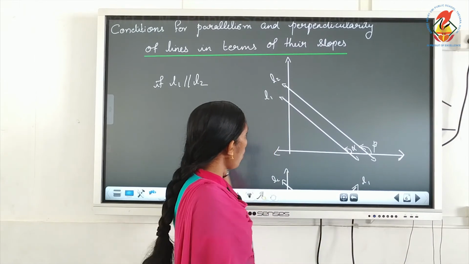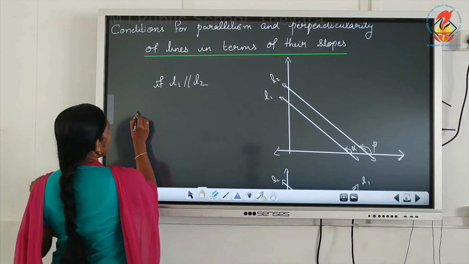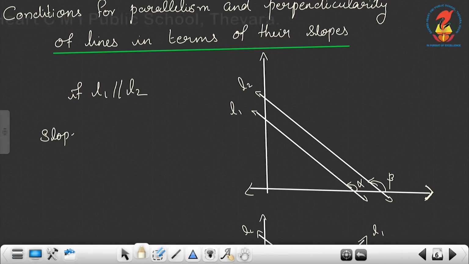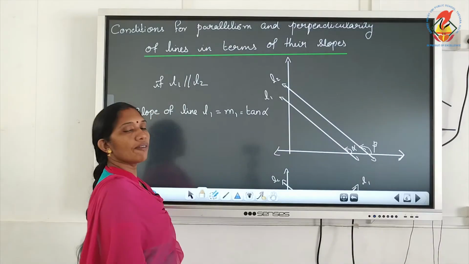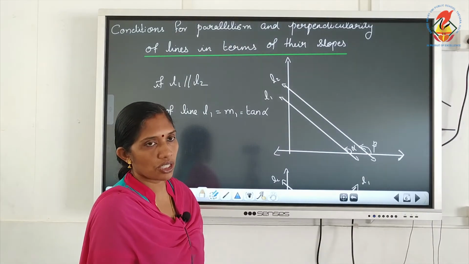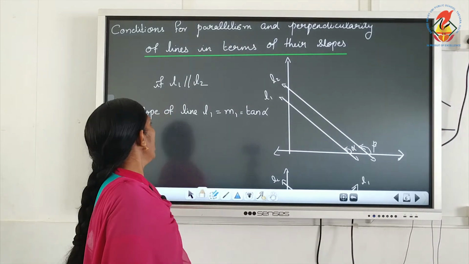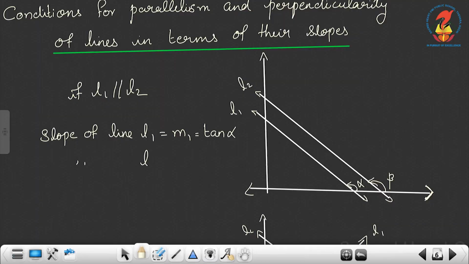So what is the slope of L1? The slope of line L1 is m1, that is equal to tan alpha, since alpha is the angle of inclination of the line. Now what is the slope of line L2?